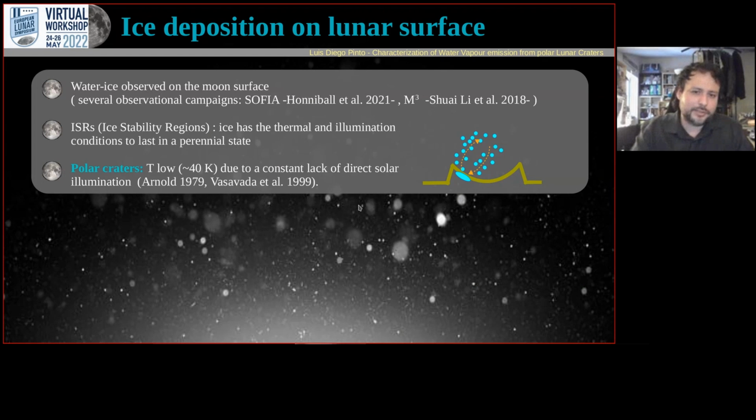Nowadays, it's well understood that there is the presence of ice, even long-term presence of ice, in the polar region of the Moon, and especially we want to focus our attention on the internal regions of a crater, which may have the right thermal conditions for the ice to last even several million years.